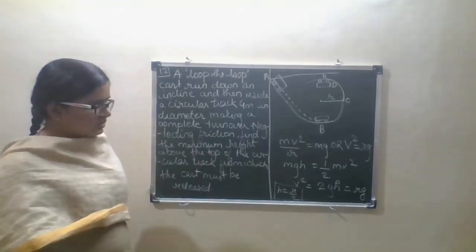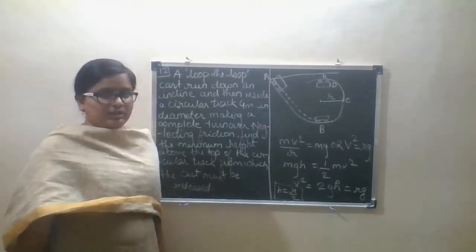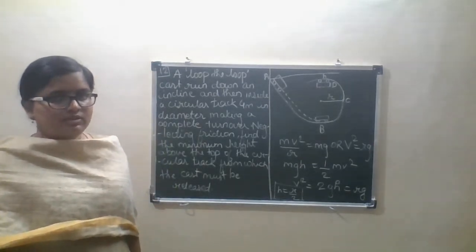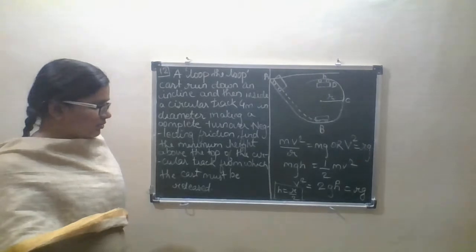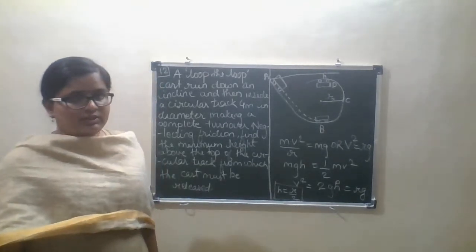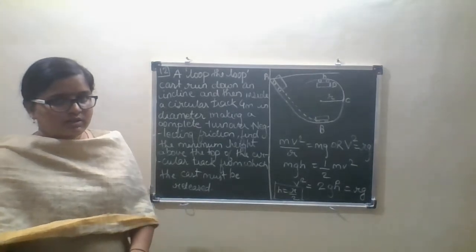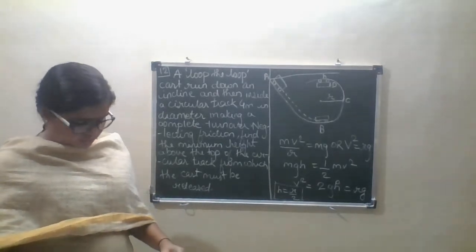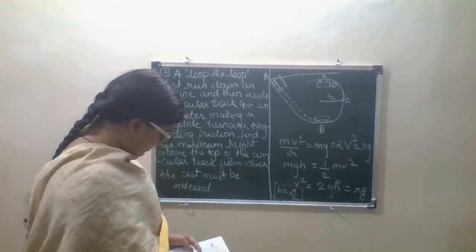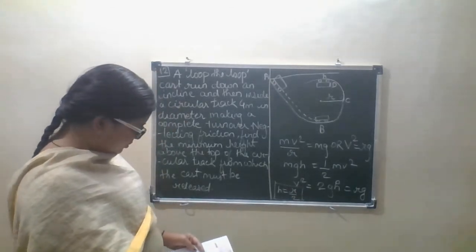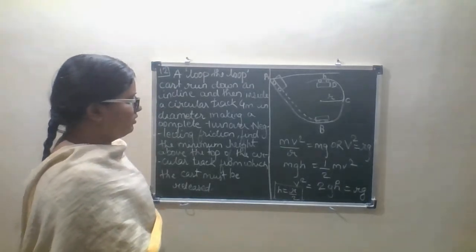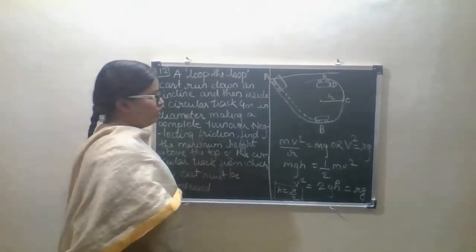Means the car should be released, neglecting the friction, from the height h is equal to r by 2, means whatever the radius we are taking, the radius divided by 2. Suppose the radius is taken as 2 meter. This is the answer to this question.